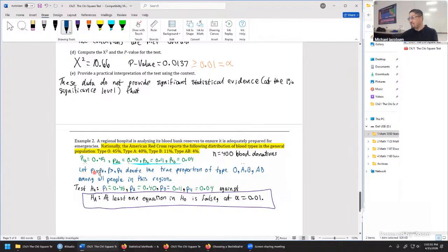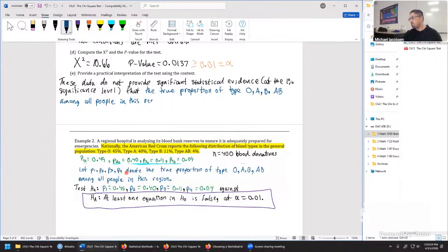But then we have to say what P1 is. So we're going to really start here. That the true proportion of type O, A, B, AB among all people in this region, now we can say is different than one of these values at least.